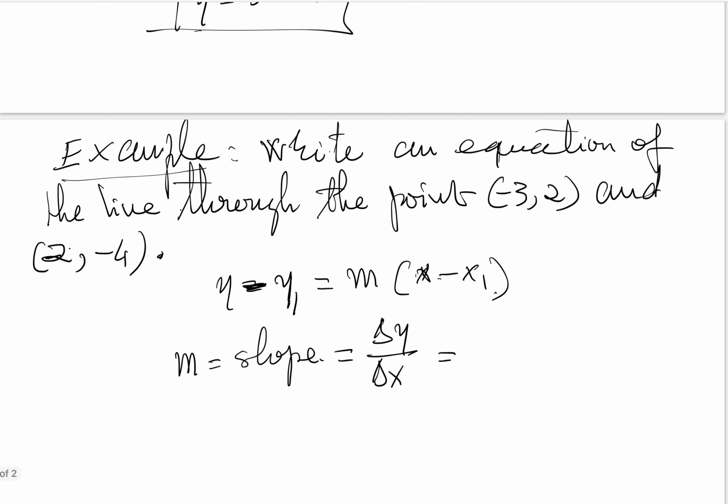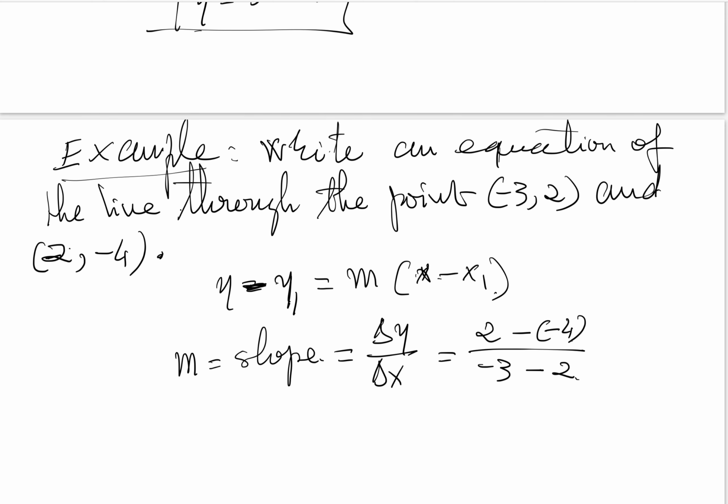So if you choose this one, make sure you choose the same thing as the x, okay? Choose the first point, so the y here is 2 minus parenthesis -4 divided by -3 minus 2. That's the way you have to do it, okay?